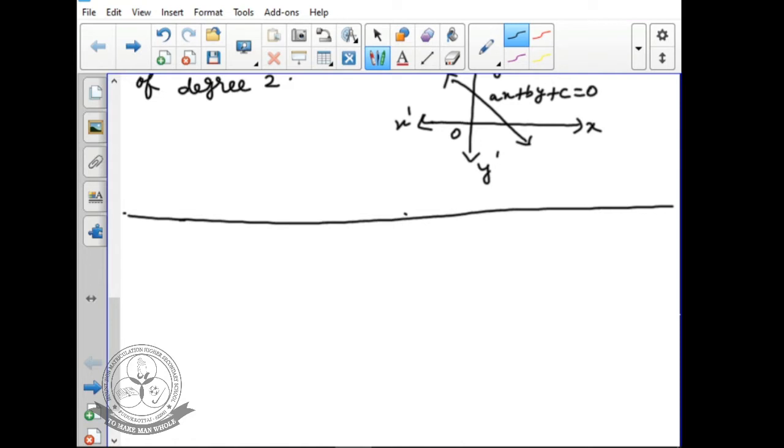We already saw linear equations in two variables. Now we are going to see simultaneous linear equations in three variables.